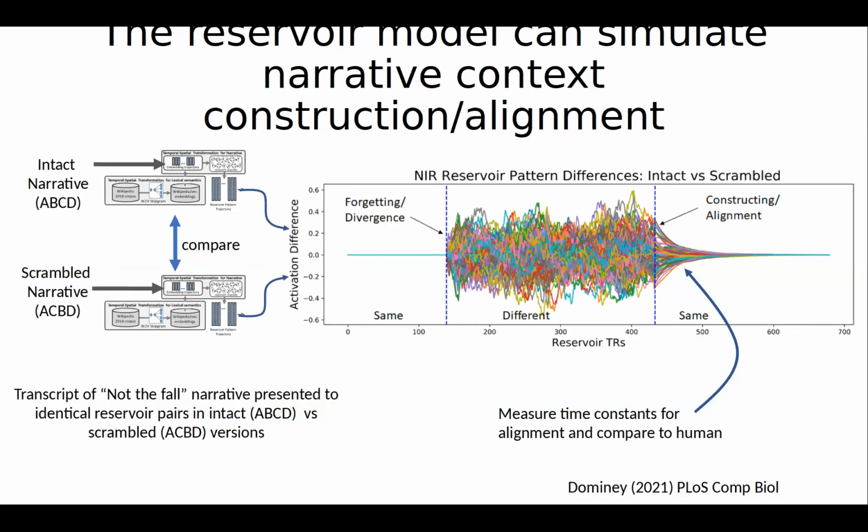So the long-term memory would allow for alignment to occur, or what? No, would you have an experiment like this where after the difference part ends and you get the same part again, you don't have this alignment in the output of the reservoir, and could you? But we do have the alignment. It happens. Yeah, but could you have some kind of inputs where you don't get the alignment in the end with the reservoir?